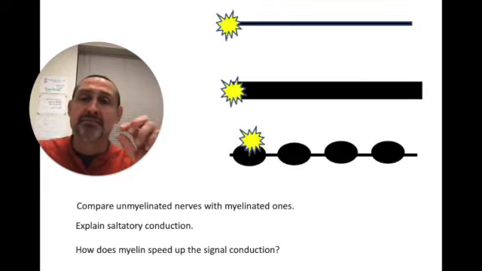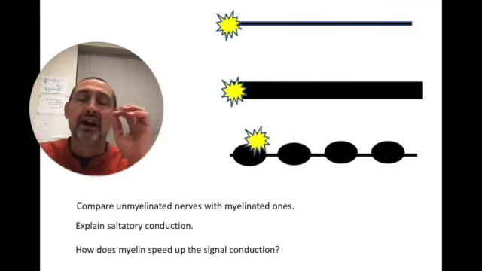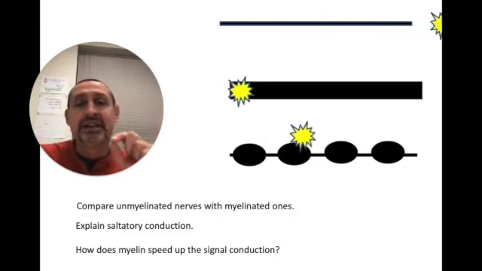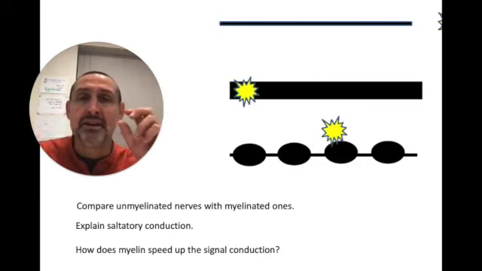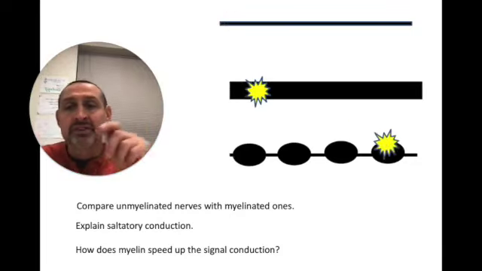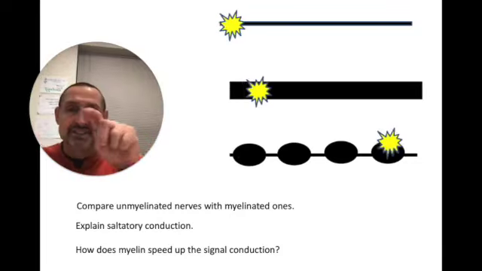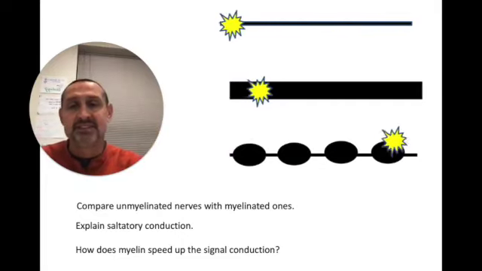This is a difference between things like your knee-jerk reflex and your eyes adjusting in dim light. Your knee-jerk reflex is myelinated nerves. Your eyes adjusting in dim light, that's going to be an unmyelinated nerve. Saltatory conduction references that jumping from one node of Ranvier to the next.